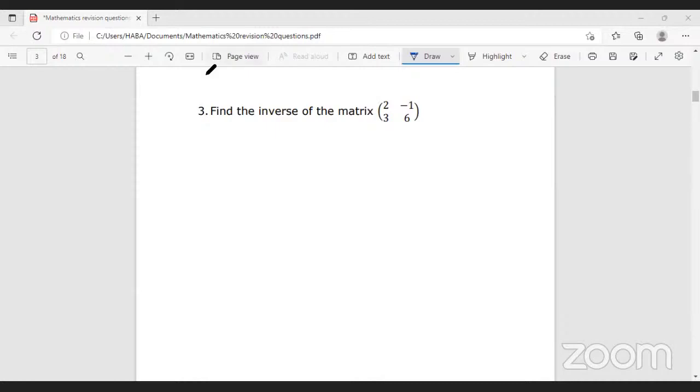So to find the inverse of the matrix, we are going to begin by finding its determinant. So the determinant of this matrix, we multiply the major diagonal, 2 times 6, and then we subtract the product of the minor diagonal, which is 3 times negative 1.